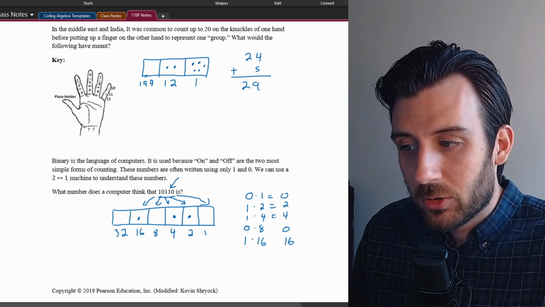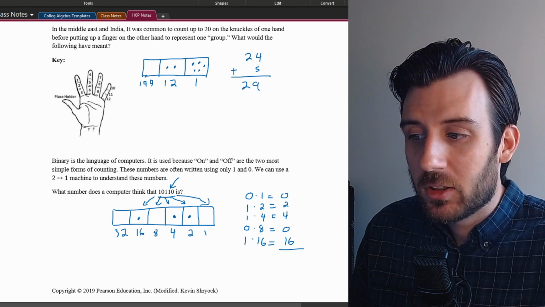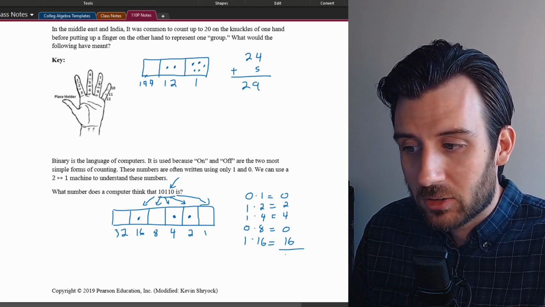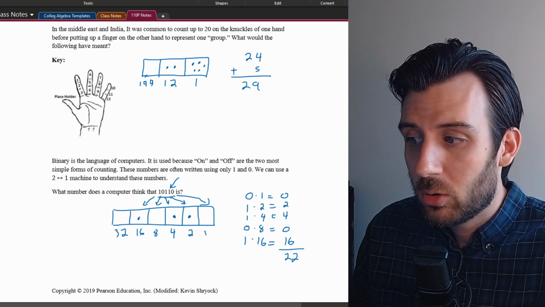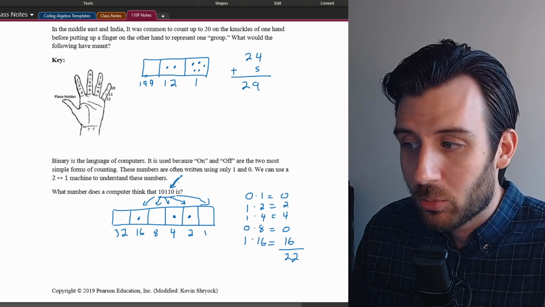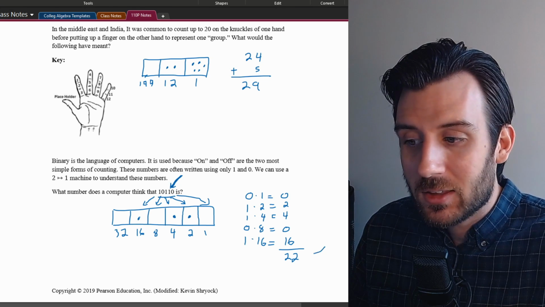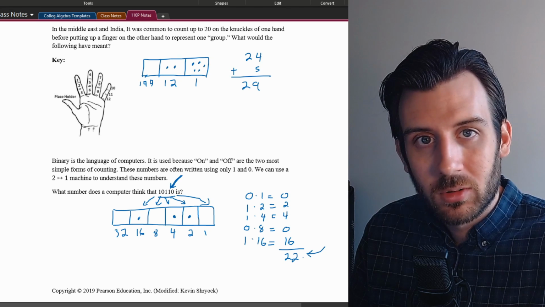That's the values the computer thinks we have here. And when you combine all that together, you're going to see we have 2 plus 4 is 6, plus 16 is 22. So a computer thinks that this number that we would normally read as 10,110, when it sees 10,110, it's thinking 22. Very interesting.